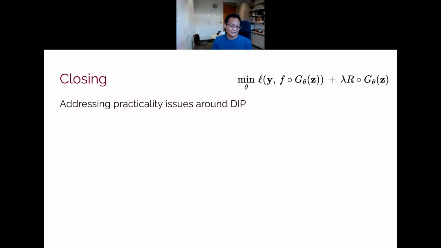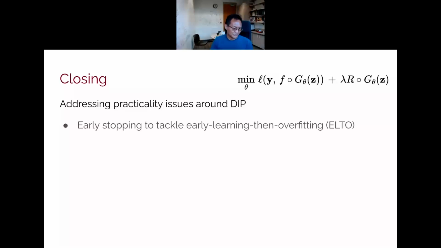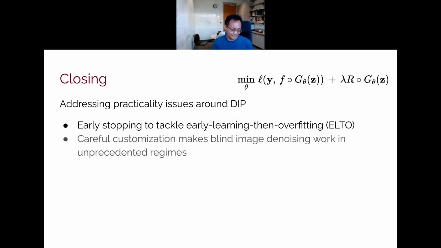So basically, I talked about two things to address two practical issues around DIP. One is about how to do early stopping. Compared to other ideas where we do regularization, careful modeling of noise, or other kinds of early stopping, the method we propose, which is very simple but very effective, is successful across the easy and the difficult tasks.